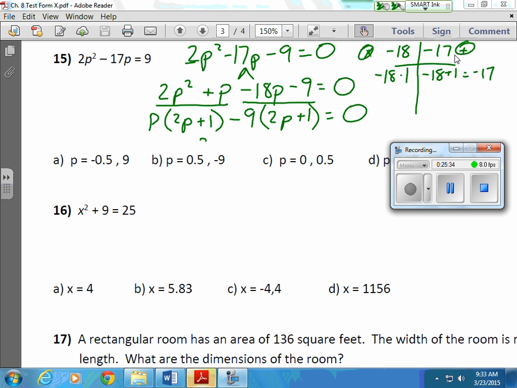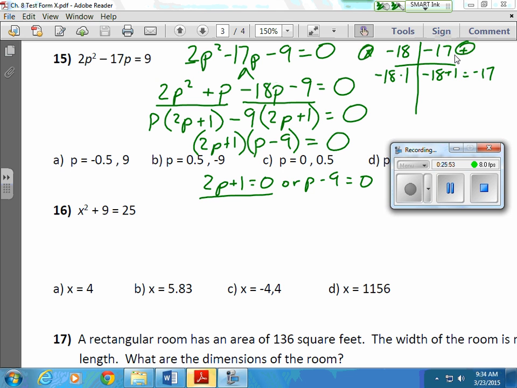And you have 2p plus 1 as their common factor, and p minus 9 is what you took those away from. So, either 2p plus 1 is 0, or p minus 9 is 0.